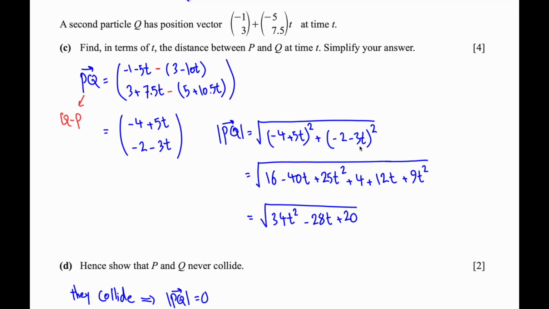Double of the product of these two is 12t plus the square of this guy, which is 9t squared. So if you tidy up and add up the like terms, the t squared term comes out to be 34 squared. The t term is -28t, and the constant is nothing but 20, and that's the distance between P and Q at time t.